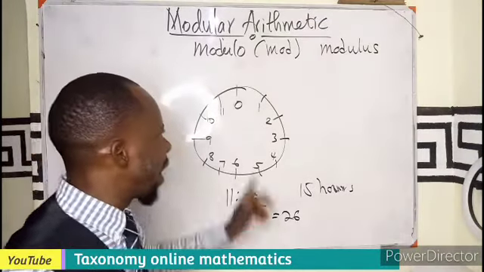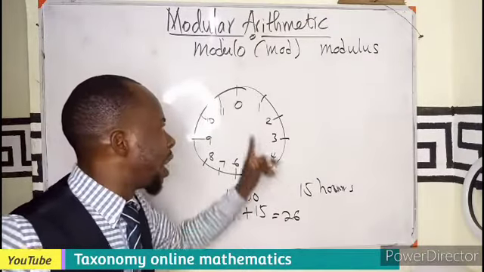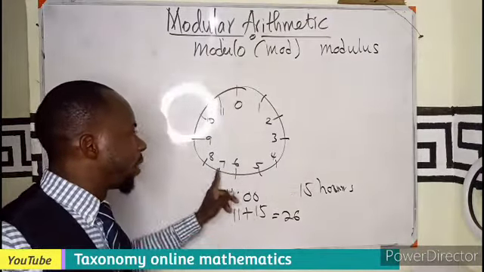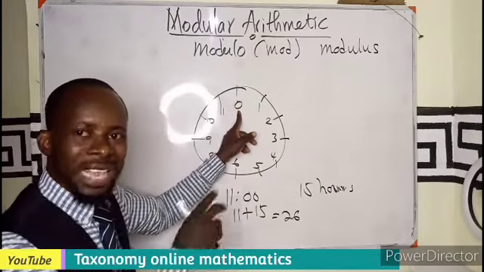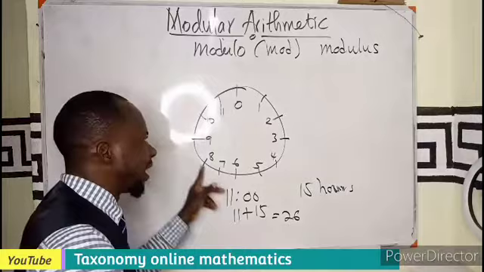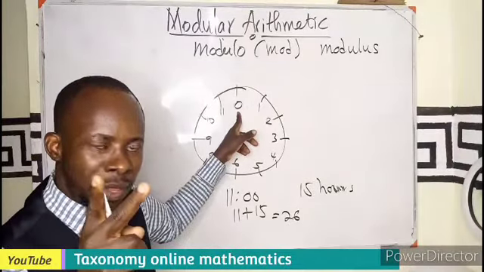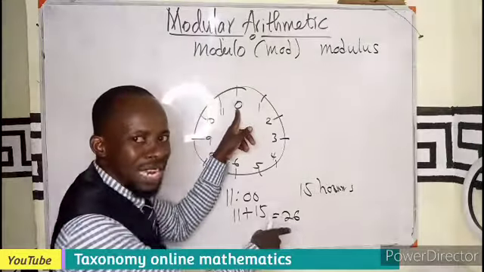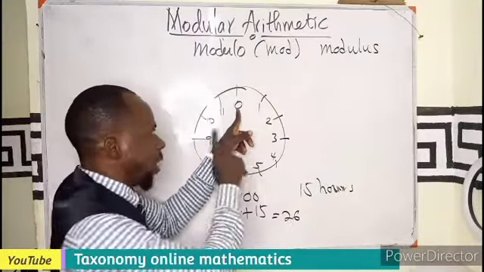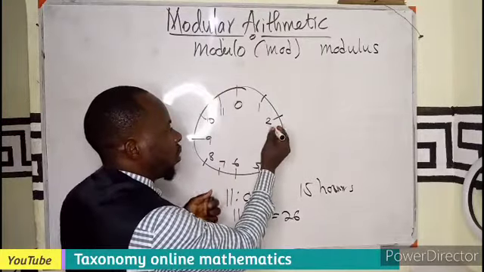So now it means you are going to count. It is the face of the clock we are going to count. So we are counting all the way. When I get to here, that is 12. I have not exhausted this. I'll go back again and come back here. That is 24. So at 24, I will not have enough to go back again. So I'll start counting and see 24, 25, 26.